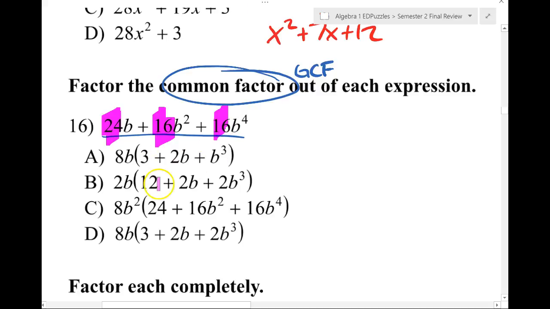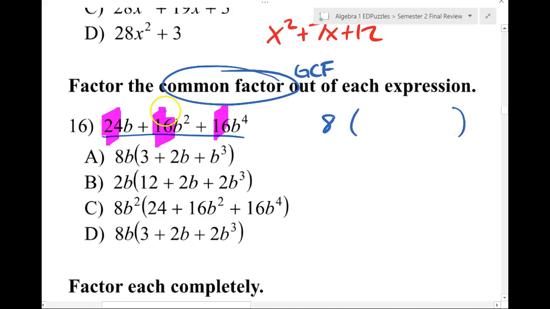What's the biggest number I can divide into all of those? Well, you could divide 2, but it's not the biggest number. I could divide 4, but what about a number bigger than 4? How about 8? 8 goes into all of those. So yeah, let's pull out an 8. So 8 goes on the outside.